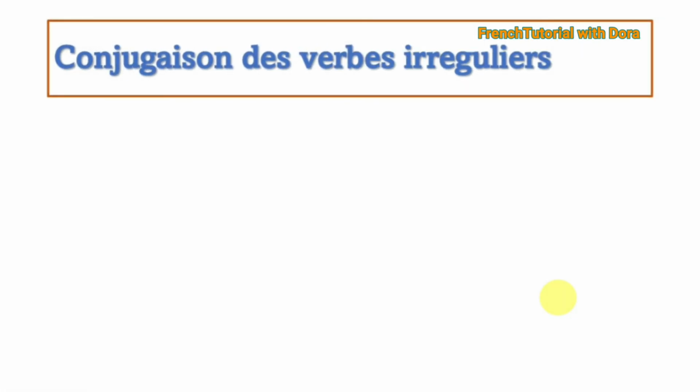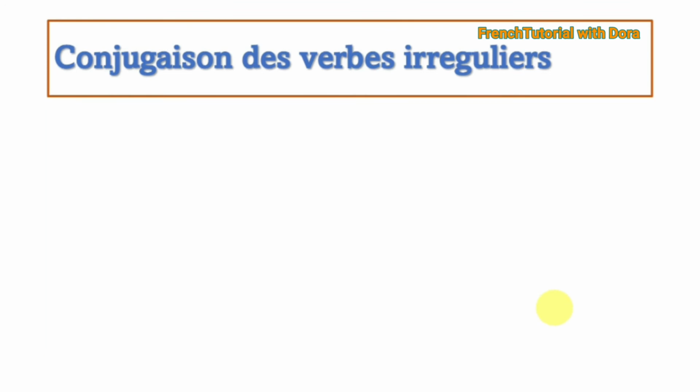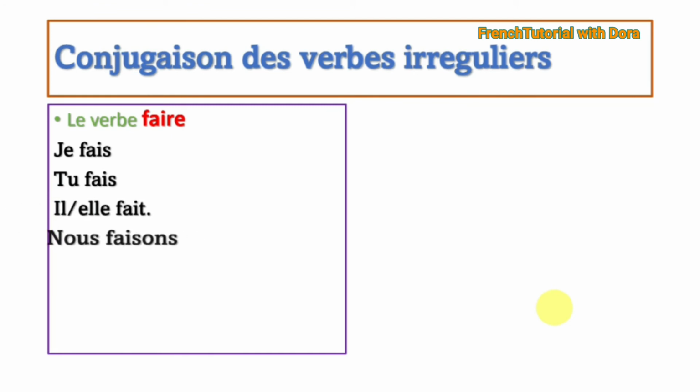Okay, so let's look at the last verb that we have. The verb faire. It's another irregular verb. Faire is the verb to make. So I'll take the last of these irregular verbs I have for you today. Je fais, tu fais, il fait, elle fait, nous faisons, vous faites, ils font, elles font.